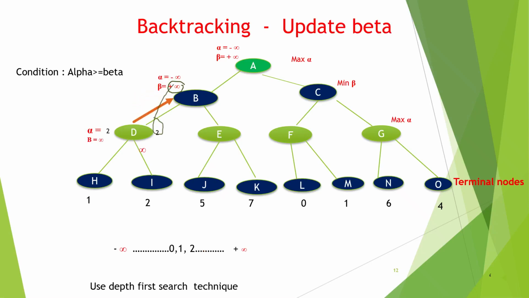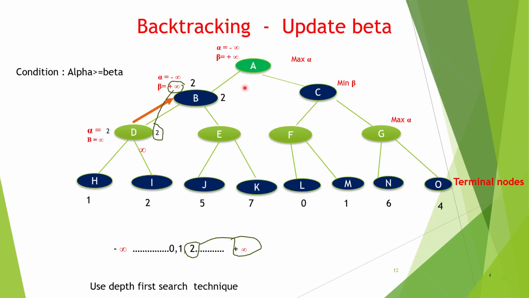Backtracking. At the depth of the minimizer, we always take the minimizing value, right? So compare the value of beta, which is plus infinity, with the node value of D, which is 2.